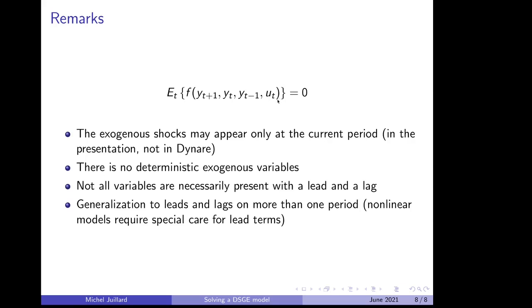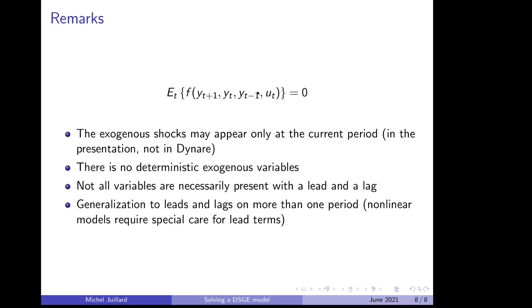More importantly, there is a true restriction. There is no deterministic exogenous variable. All exogenous effects are purely random, and again, zero mean. So in such a model, you could not easily introduce a forecast, for example, on mortality in an overlapping generation model.